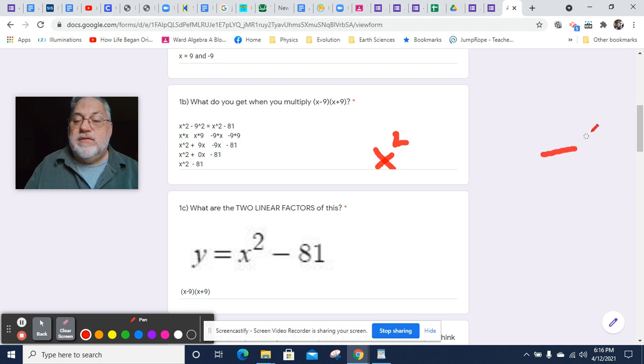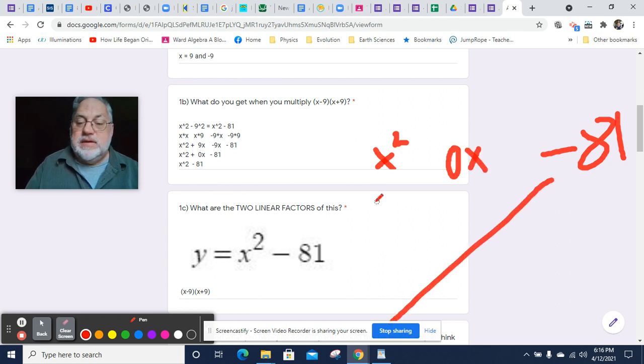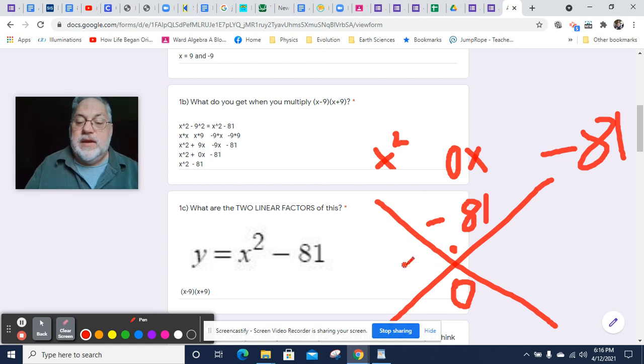We've got negative 81. And then we've also got a 0x. So we're going to use that old x tool that we've talked about. I'm going to have multiplication up here. I've got to get a negative 81. And down here, I've got to get a 0. So I need two factors of negative 81 that add up to 0. Well, negative 9 and positive 9 will do the job.